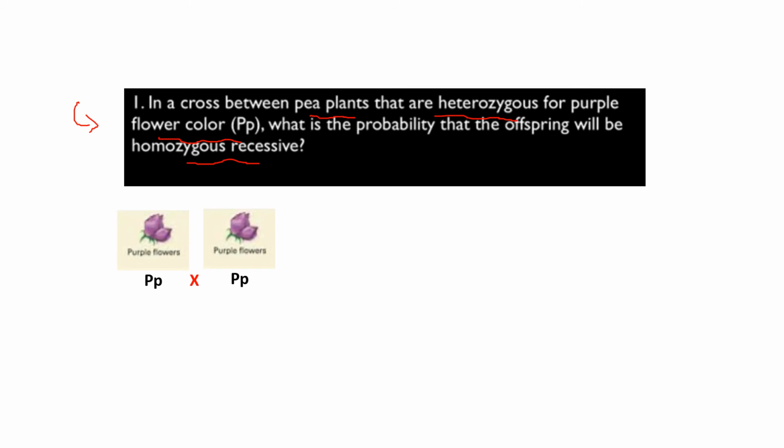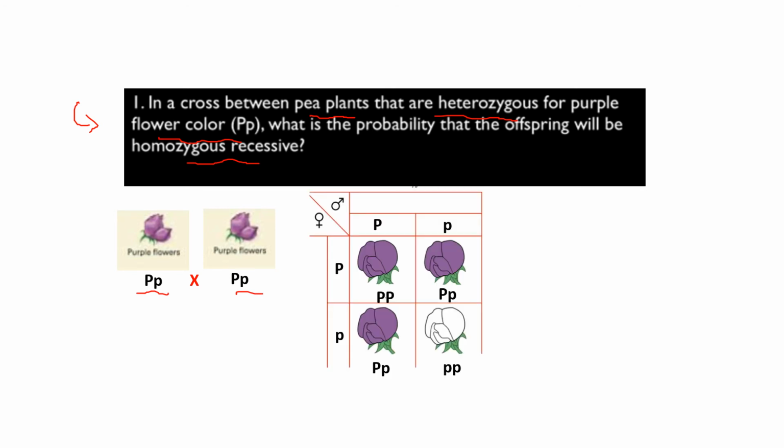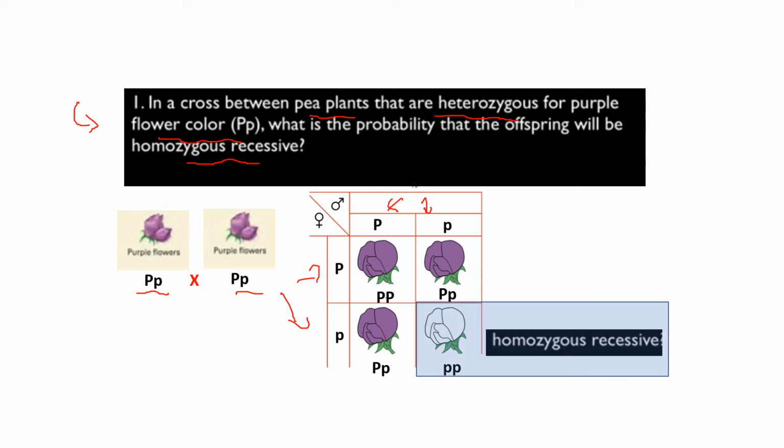So you have two heterozygous parents, you segregate the alleles, and of course you get 1/4.